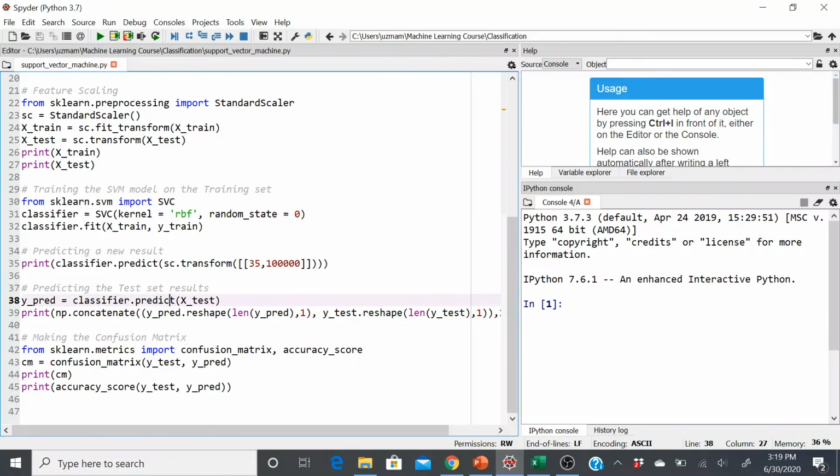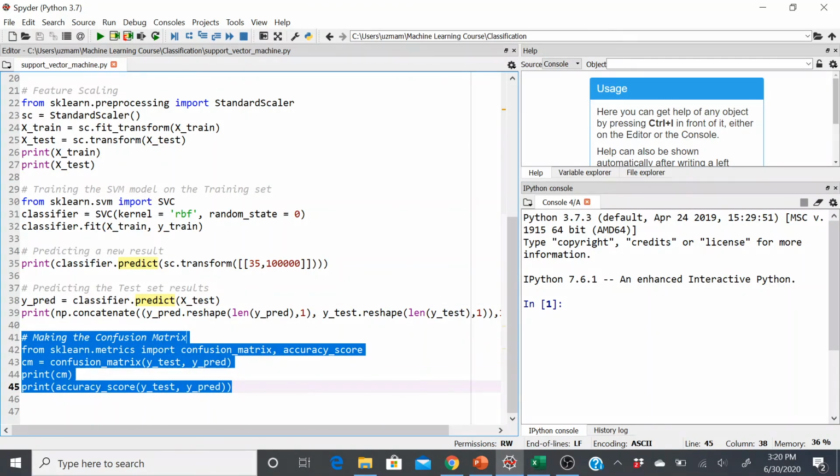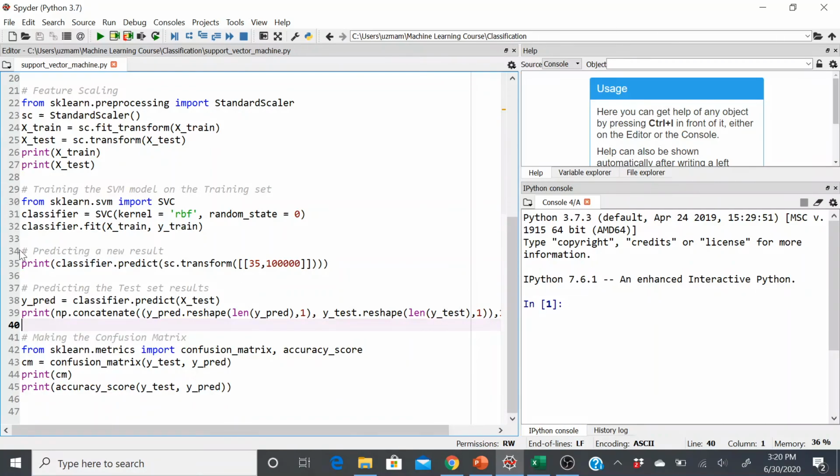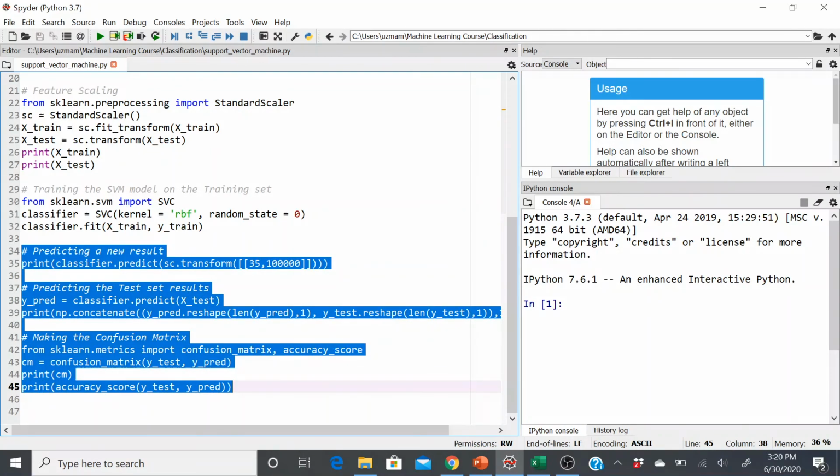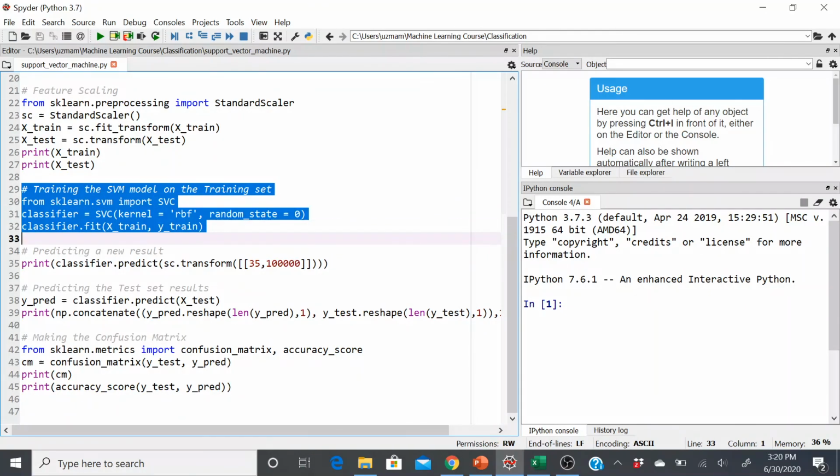Here I get the test values and the predicted values, and then see how many have not been predicted. An even better way of looking at it is to get the accuracy score and the confusion matrix. All of this code was already provided to you in the logistic regression lecture, so the only thing that's new is this one.